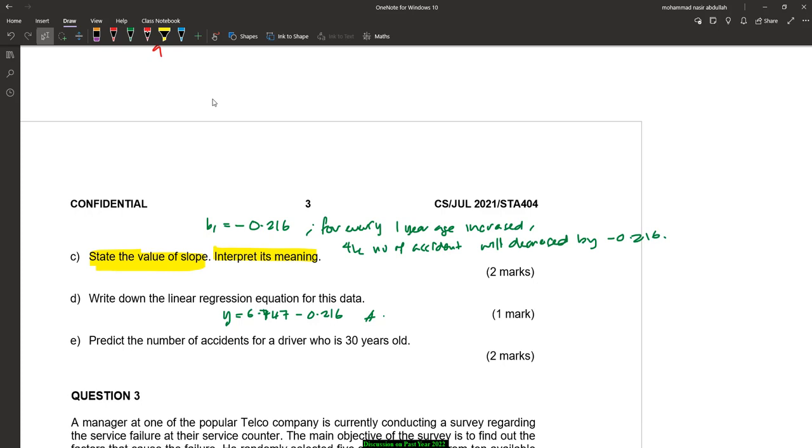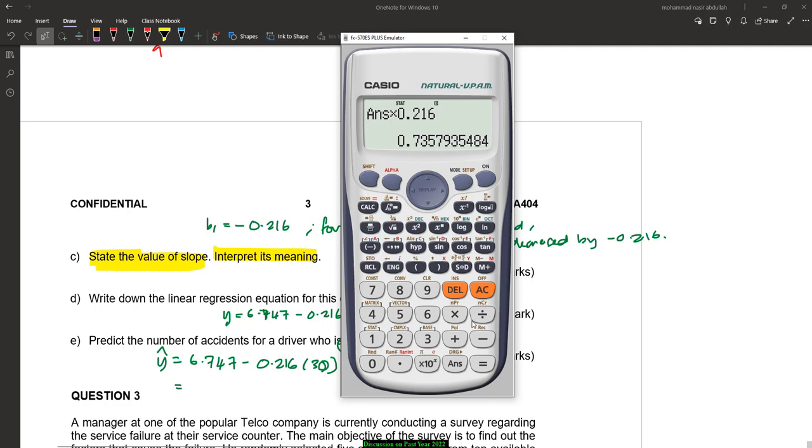So predict the number of accidents for someone aged 30 years old. So y hat equal to 6.747 minus 0.216 multiply with 30. Don't forget the X at the back, then it is correct. So this one, we put into the calculator: negative 0.216 multiply with 30.